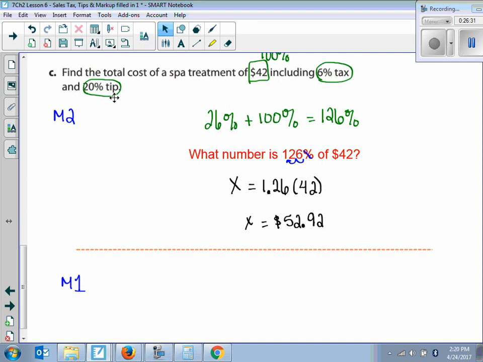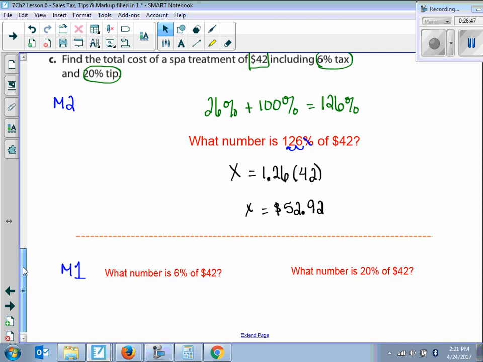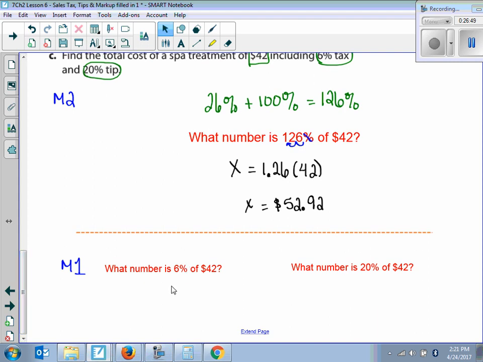So that means we're going to have to do two problems here. We're going to find the 6% tax and the 20% tip on the $42. So our what number is questions will be what number is 6% of 42 and what number is 20% of 42.